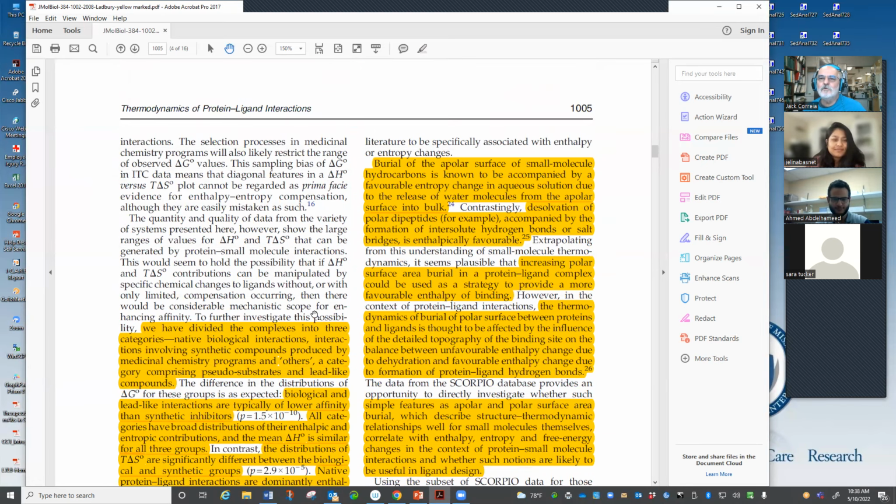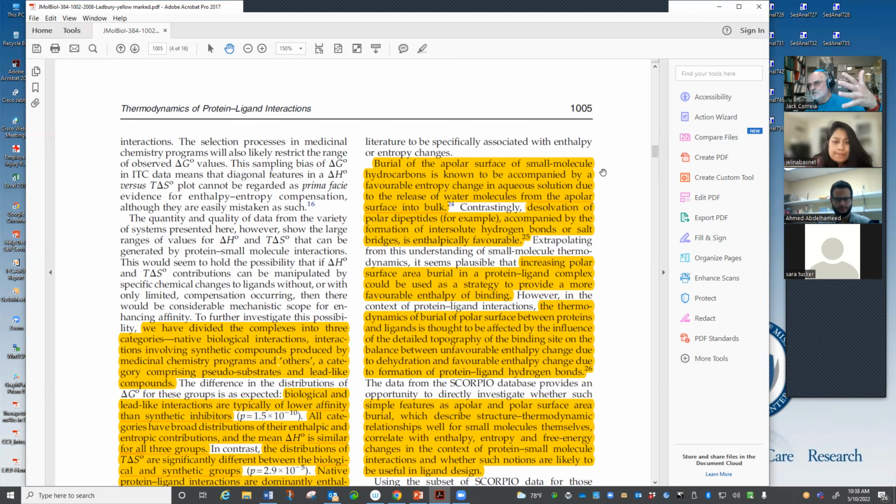The reason for this is thought to be that for the medicinal compounds, the changes that we make are generally to apolar groups. So the lead compounds, and this is discussed in this paper later on in the text, lead compounds often are just polar interactions.